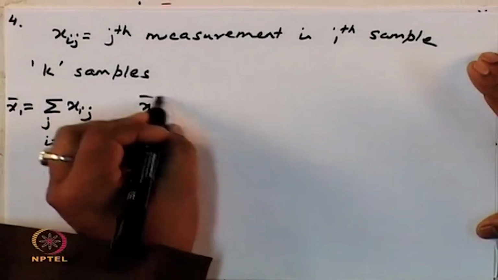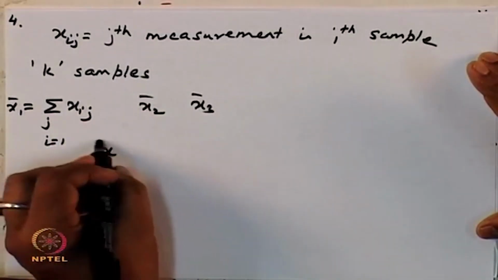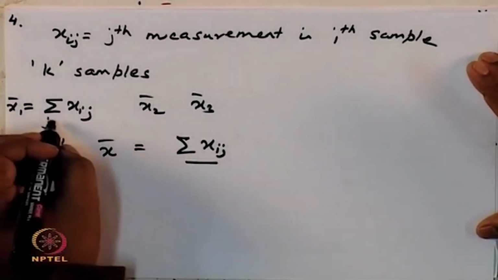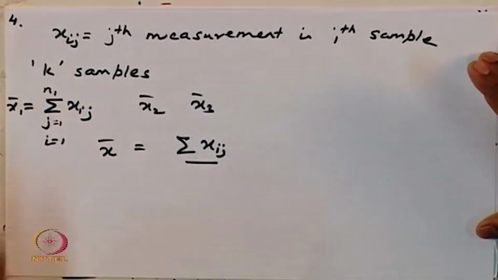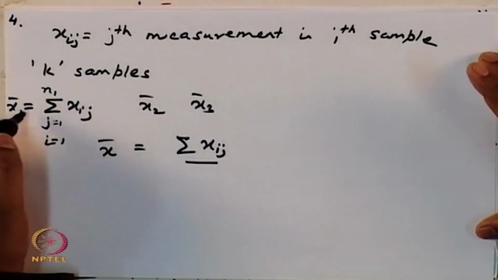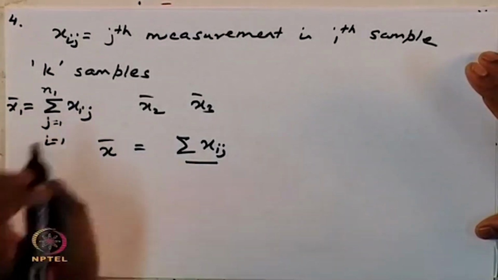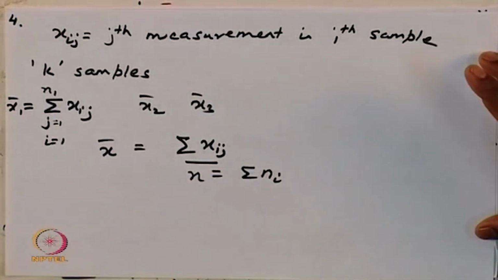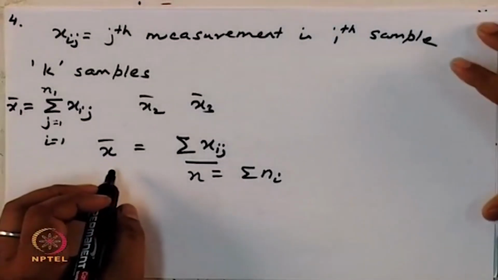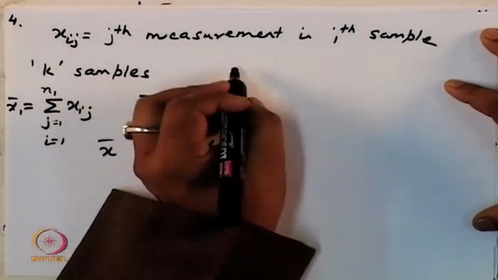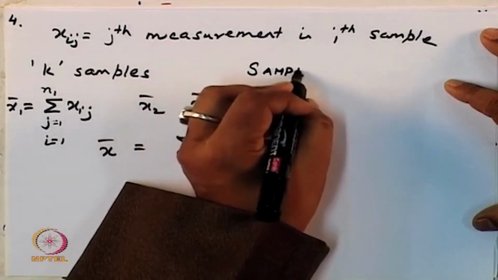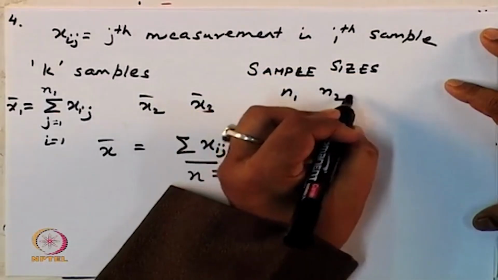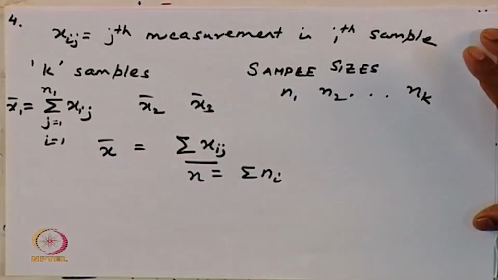So, similarly you have x2 bar, x3 bar, and you can also calculate x bar, which is essentially summation xij for all, so let us say this is j equal to 1 to n1, where n1 is the total number of the sample size of population 1. Okay. Similarly, you can do all. So, summation xij by n, where n is defined as summation of ni. Okay. So, you can define this x bar, and what you do, so your sample sizes are n1, n2, nk, where k is the total number of populations.